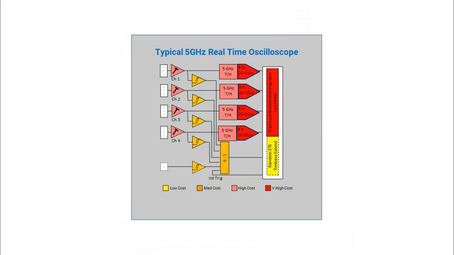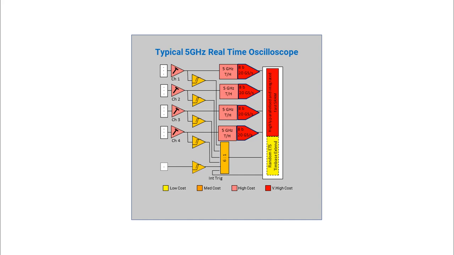If we contrast that with the block diagram of the signal path of a typical 5 gigahertz real-time oscilloscope, first of all we'd see that behind the track and hold we would now have 10 to 40 gigasample per second A to D converters, more likely to be 8-bit or 10-bit rather than 12. But these are significantly expensive components.